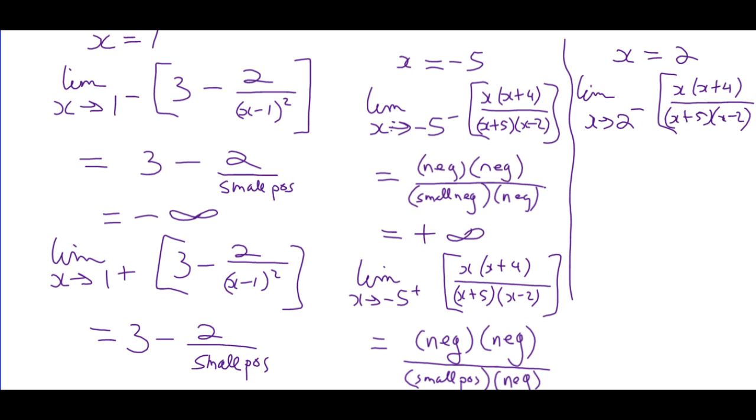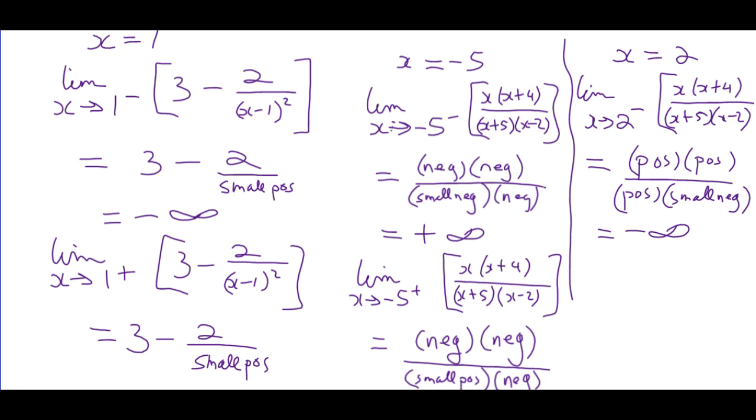It's really only this guy that matters here, right? Because they're all positive. So I got a positive, and I'm approaching 2 from below, and I'm subtracting 2, so that's going to be a small negative, right? So a small negative, which makes this whole thing negative infinity, right?